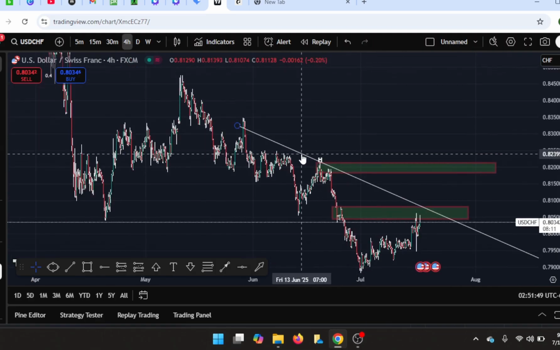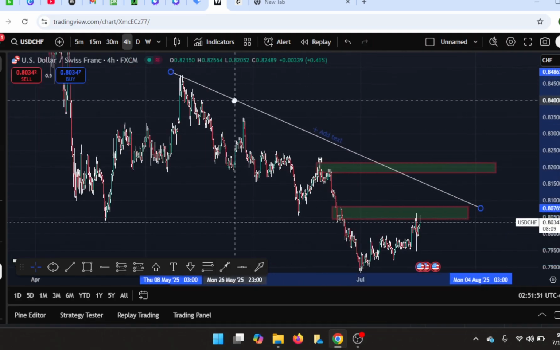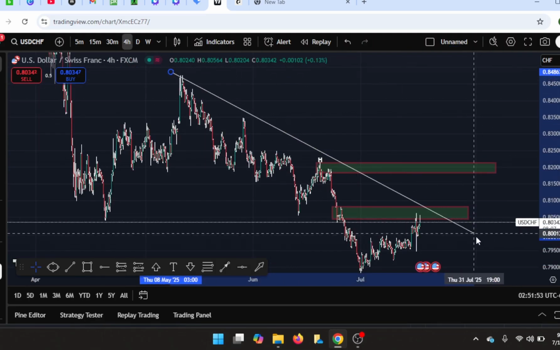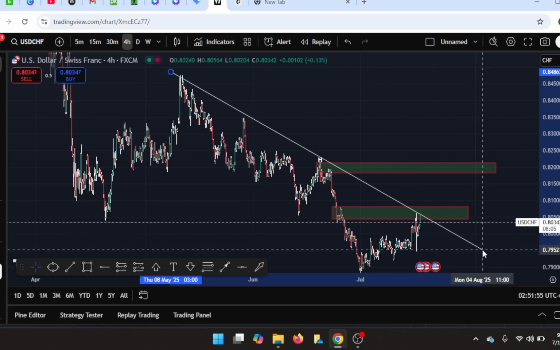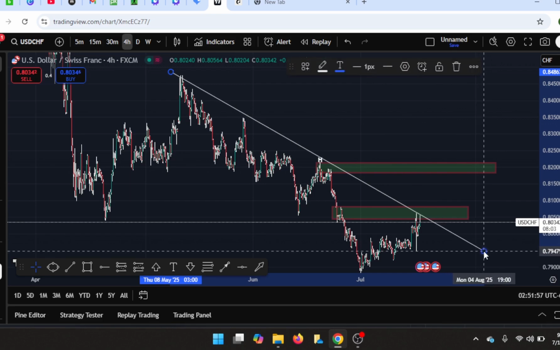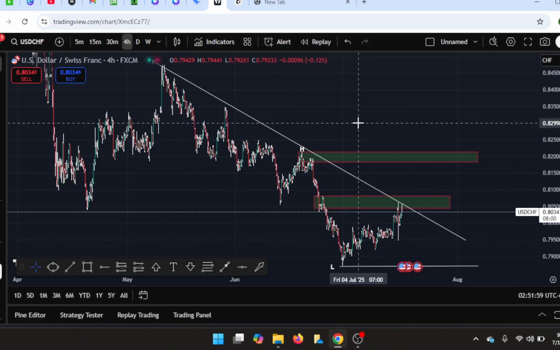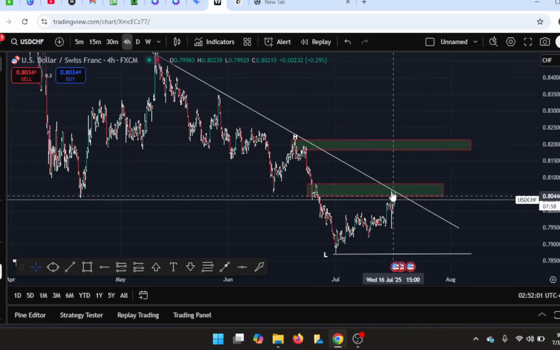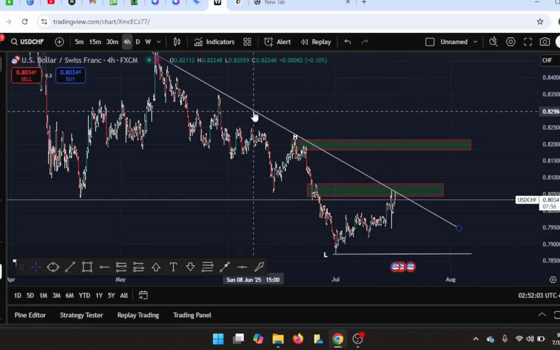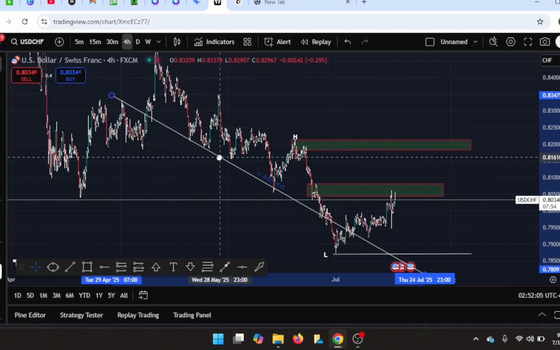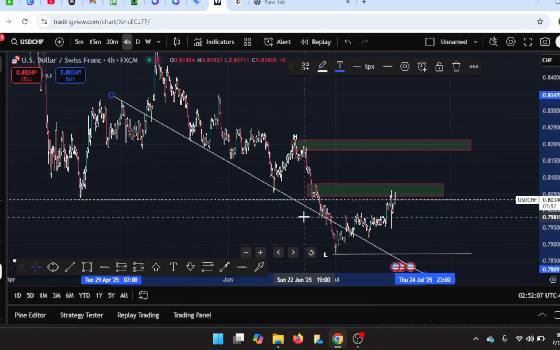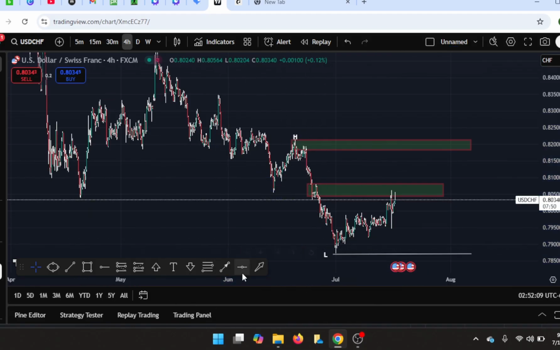Can you see that? There's a trend line here, and also, can you see support and resistance here?